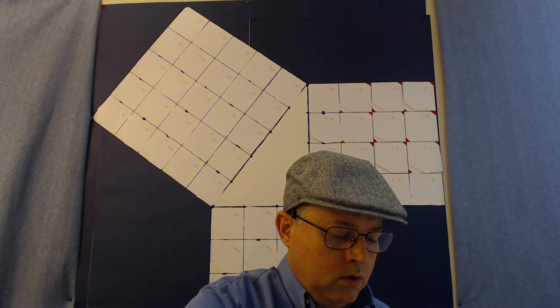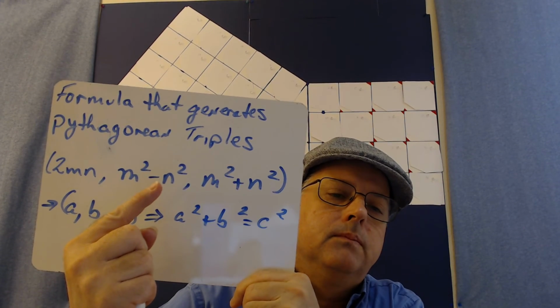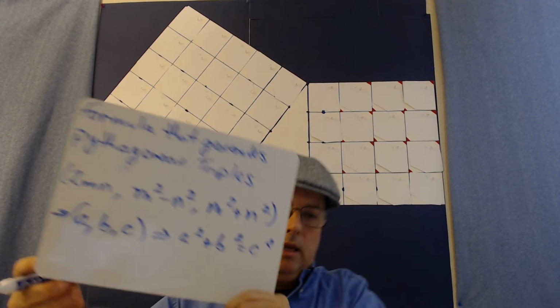That gives us an a, b, and a c, where a squared plus b squared equals c squared. And since there is a subtraction happening here, the m value must be larger than the n value.